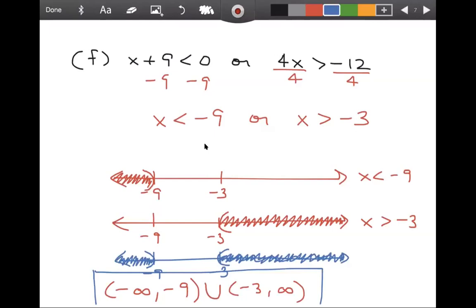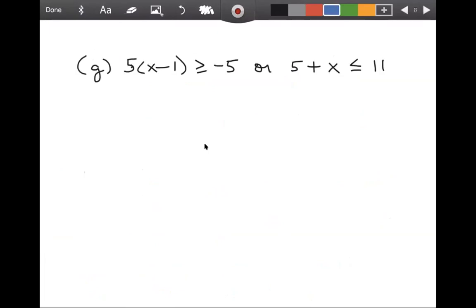All right, finally, the last example, letter G. 5 times (x minus 1) is greater than or equal to -5, or 5 plus x is less than or equal to 11. All right, so I am going to distribute the 5 here. There's another way to do it, but I'll stick with what we've talked about before. That gives me 5x minus 5 is greater than or equal to -5.